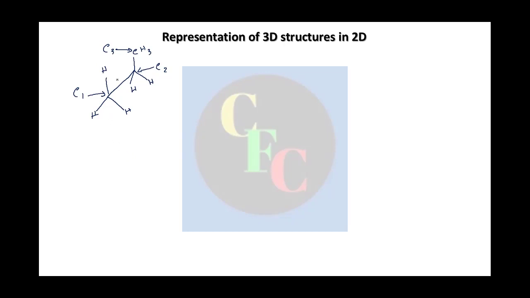Now if you just look through this bond, you will see that this hydrogen is overlapping on the CH3. This carbon-hydrogen bond is overlapping with this bond, and this carbon-hydrogen bond is overlapping with this bond. Now this is the eclipsed form.